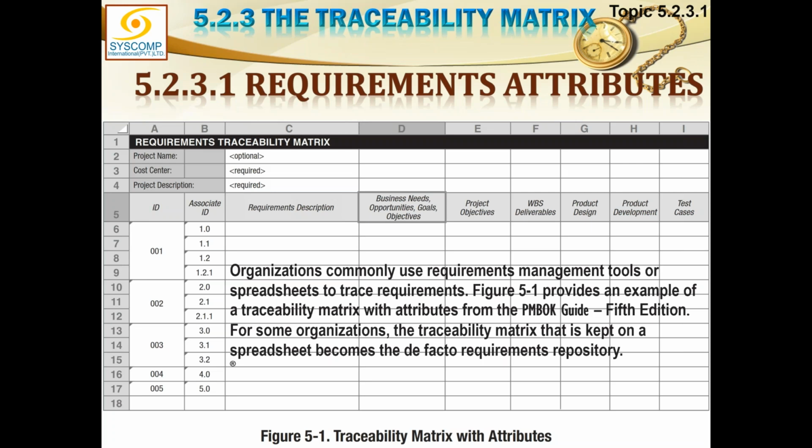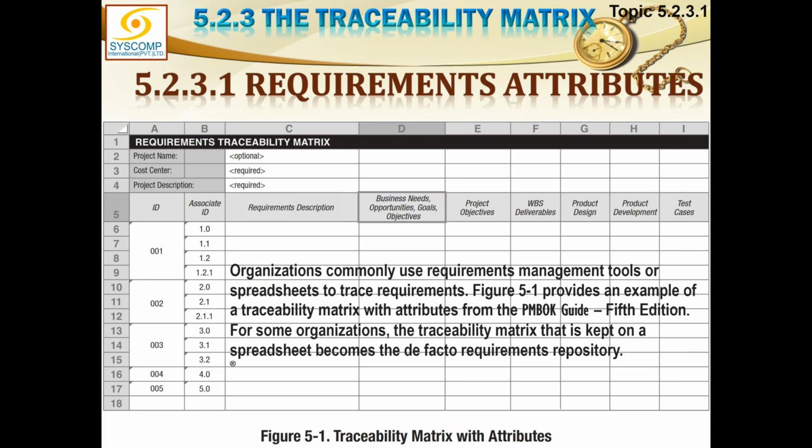Next column is about business need, opportunity, goals and objectives. Next column is about the project objectives. Next column is about WBS deliverables. Then product design, the product development. So as we have just discussed, each one of these attributes can be placed in the form of this chart, or you can call it the requirement traceability matrix.